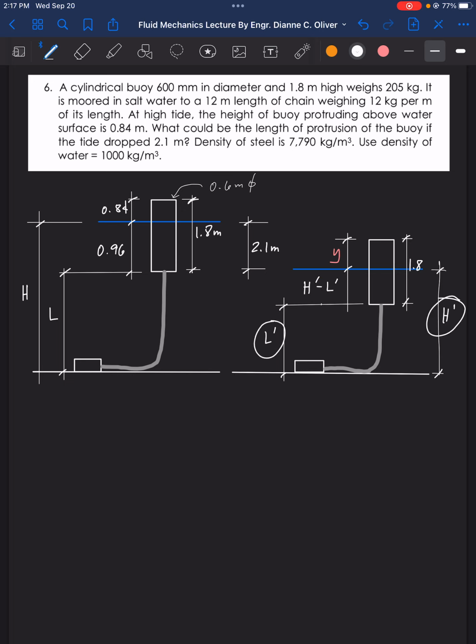H minus L becomes this. Okay? Therefore, you can find the value of y. Y now is equal to 1.8 minus h prime minus L prime. So this is our equation 1.